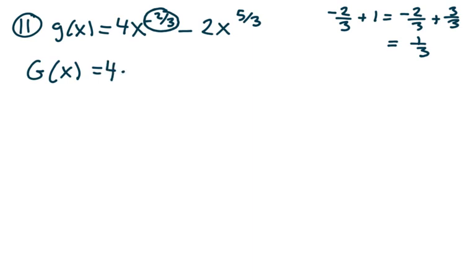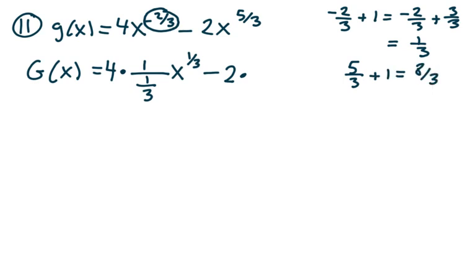So we get 4 times 1 over 1/3 x to the 1/3, minus 2 times, now let's do 5/3 plus 1. So 5/3 plus 1 is equal to 8/3. So I get 1 over 8/3 x to the 8/3 plus c.